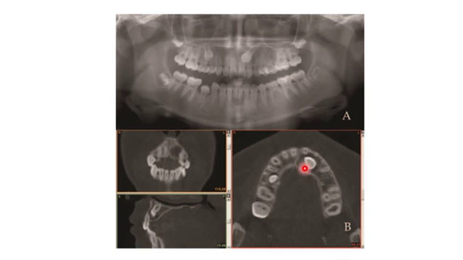Here we see cystic changes: a radiolucency surrounded by a radio-opaque line, which reflects cystic changes or any adenomatous cystic lesion or tissues around the impacted canines.